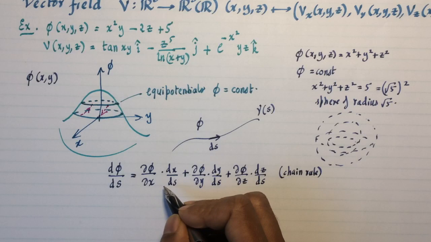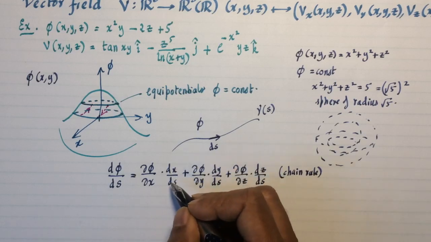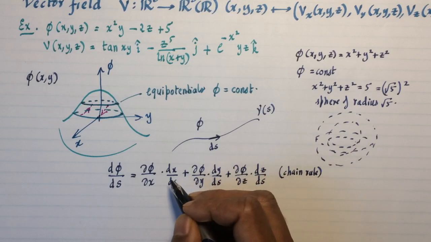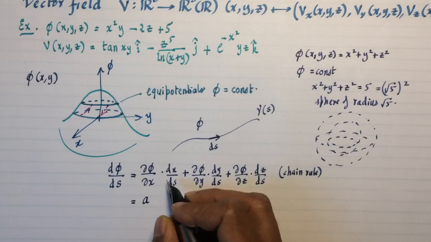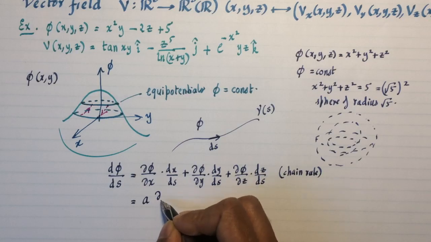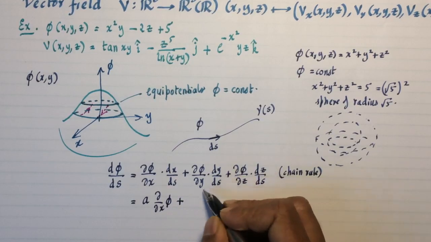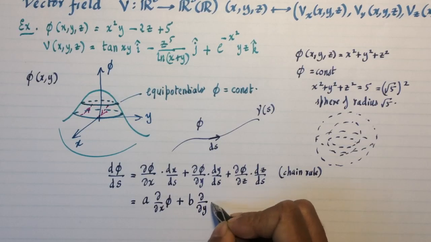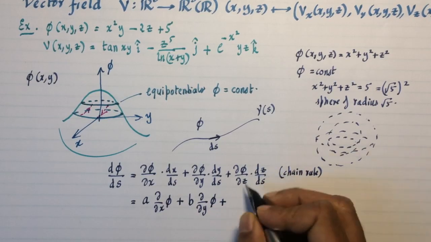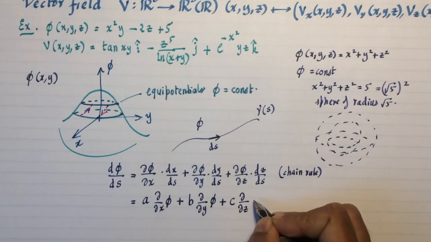And so what we can do now is, dx by ds is just I can call it some quantity a times del by del x phi, plus similarly dy by ds is b times del by del y phi, and dz by ds is c times del by del z phi.